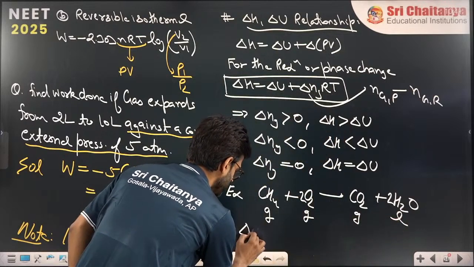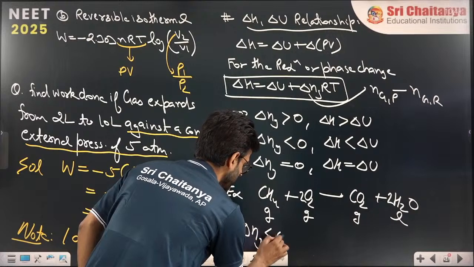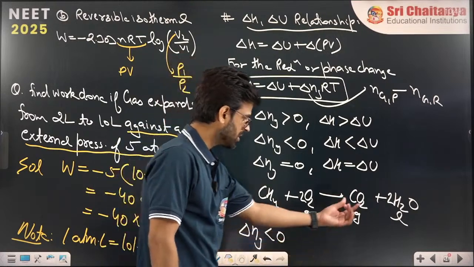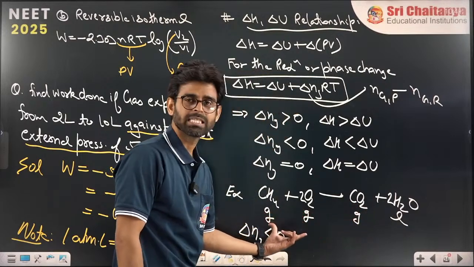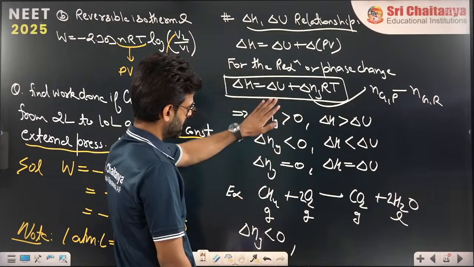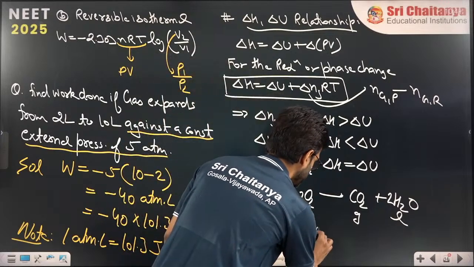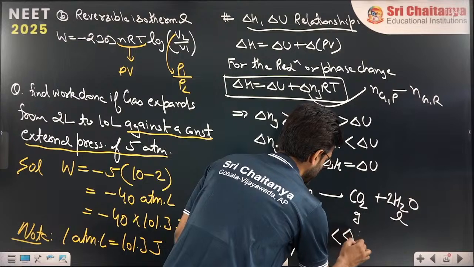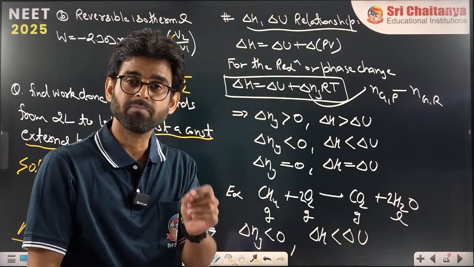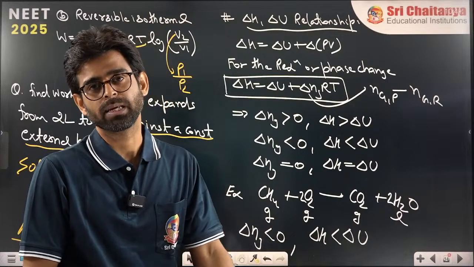So I can say from here that delta Ng is negative, because 1 gas mole on the product side and 3 gas moles on the reactant side, so delta Ng is negative. Delta Ng negative means delta H is less than delta U. But if they ask about the magnitude, then you have to solve it properly.